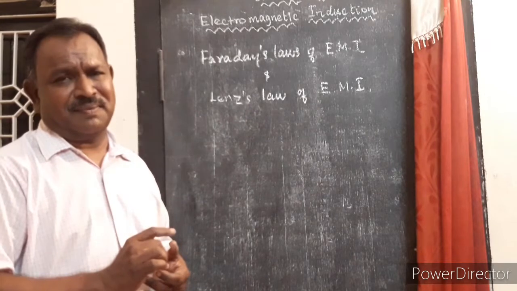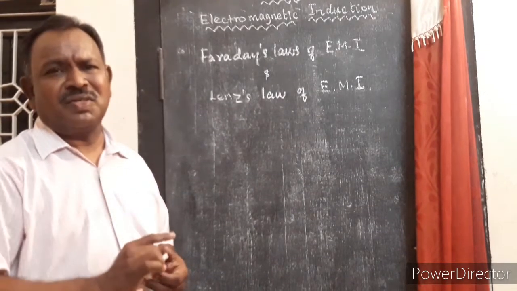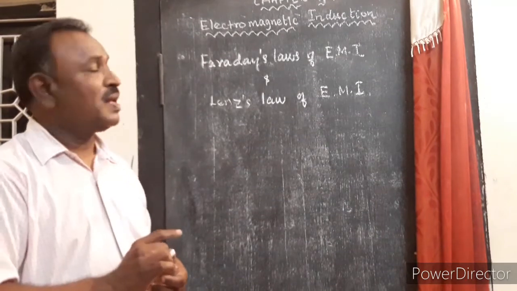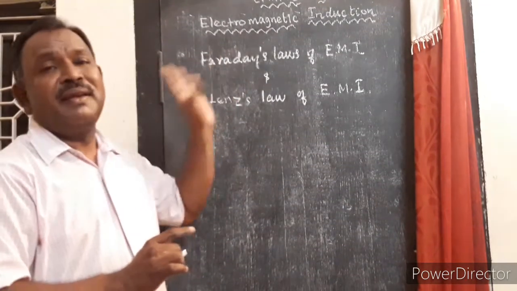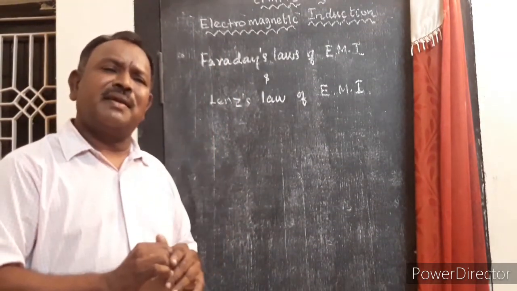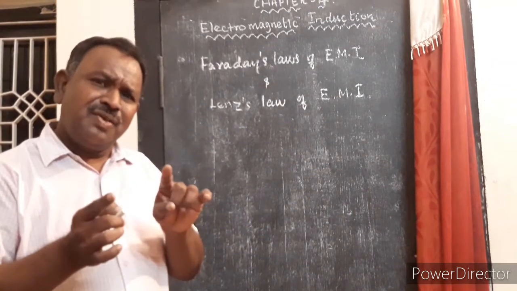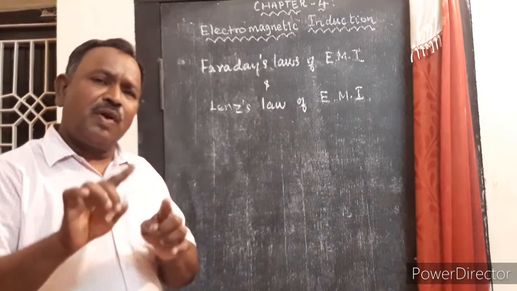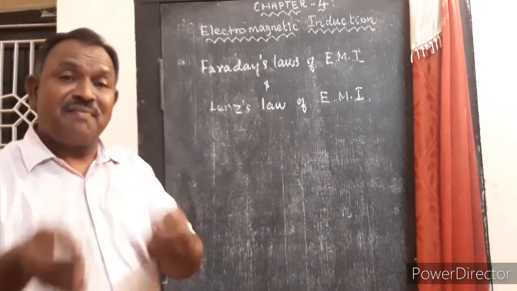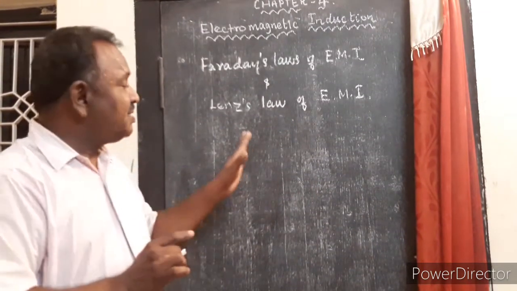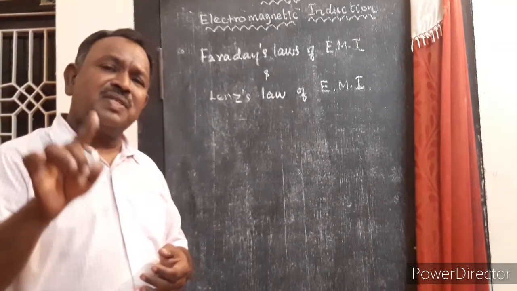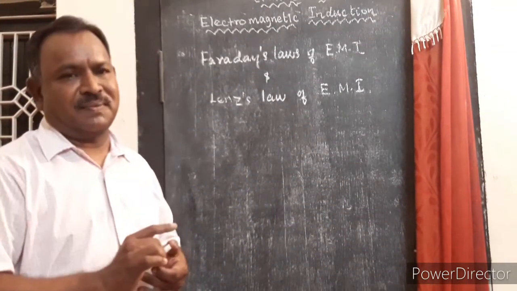Heat and temperature: heat is the cause and temperature is the effect. And similarly, in electromagnetic induction, the change in the magnetic flux is the cause, and the produced induced EMF is the effect. So Lenz's law states that the effect always opposes the cause.